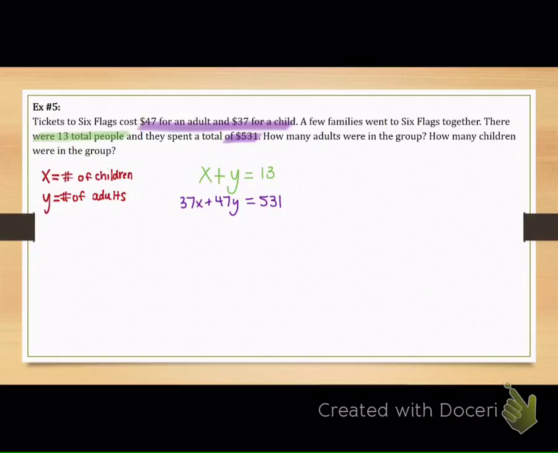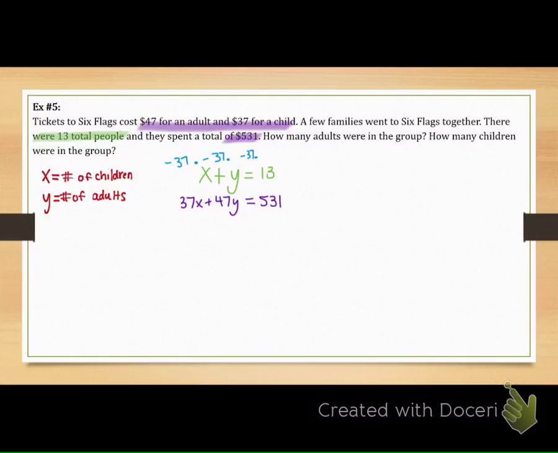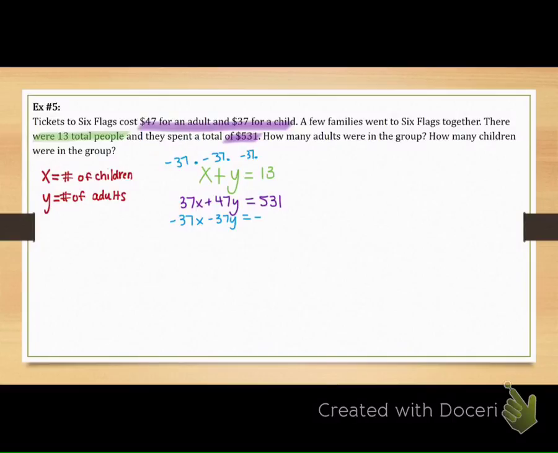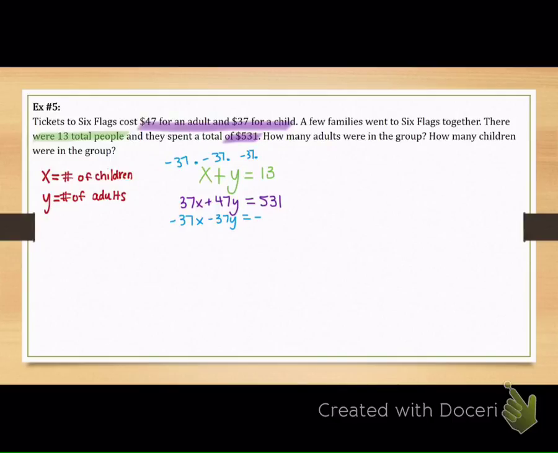Okay, Justin. What's 13 times negative 37? 37 times 13. 481.